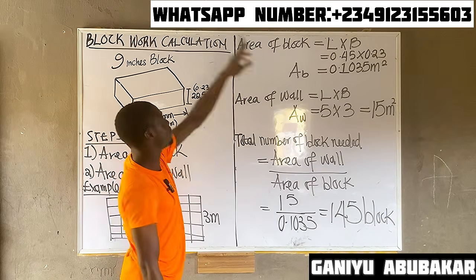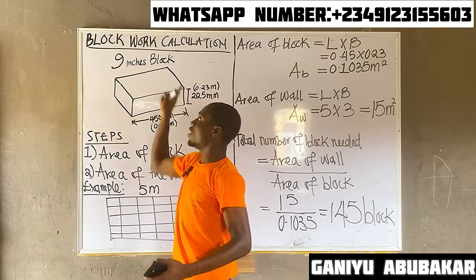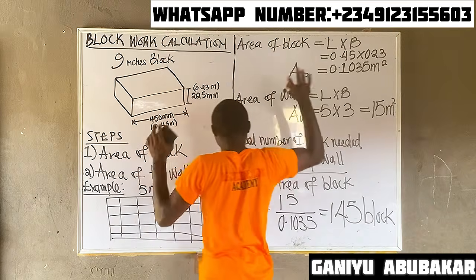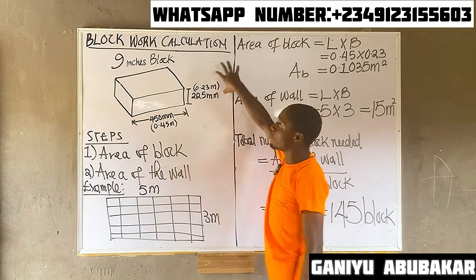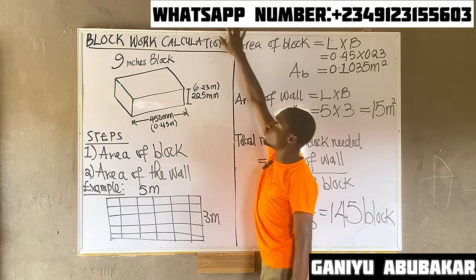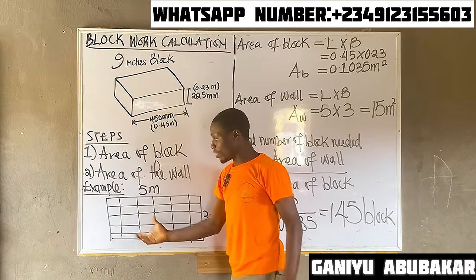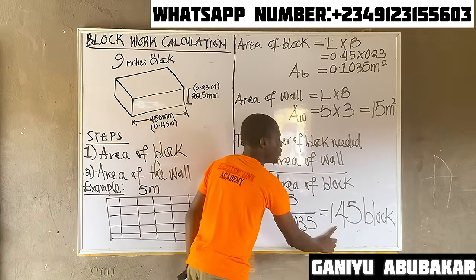So you can do the same for the other parts of your room. I'm assuming that this dimension follows the normal dimension of this wall. This board is placed behind a wall. For this portion alone, I need 145 blocks.